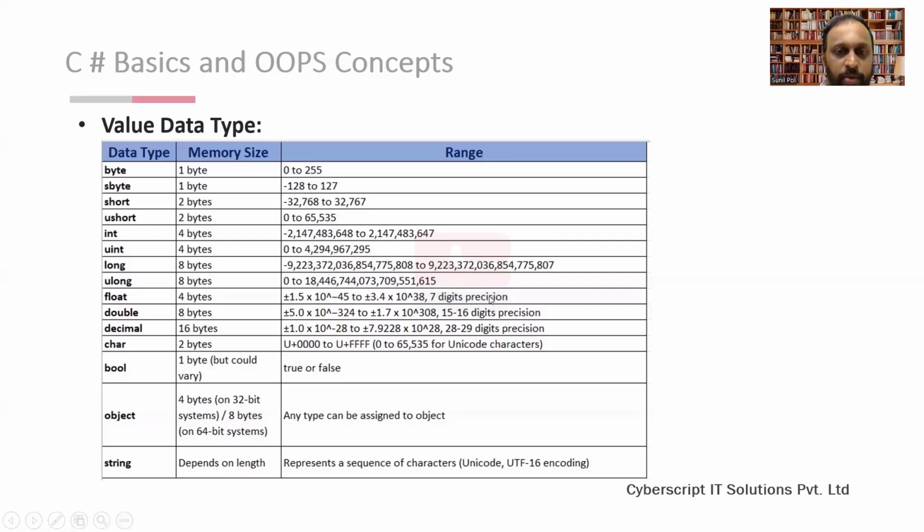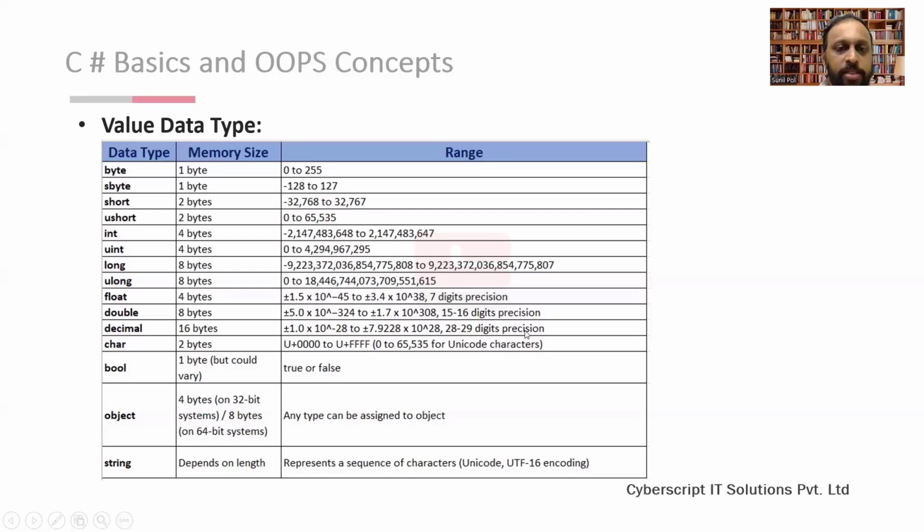digits of precision are allowed. Only 7 digits are allowed when you declare any variable of type float. In case of double, 8 bytes would be allocated in memory, and 15 to 16 digits after the decimal point are allowed. The next one is decimal, which occupies 16 bytes in memory, and 28 to 29 digits of precision are allowed.